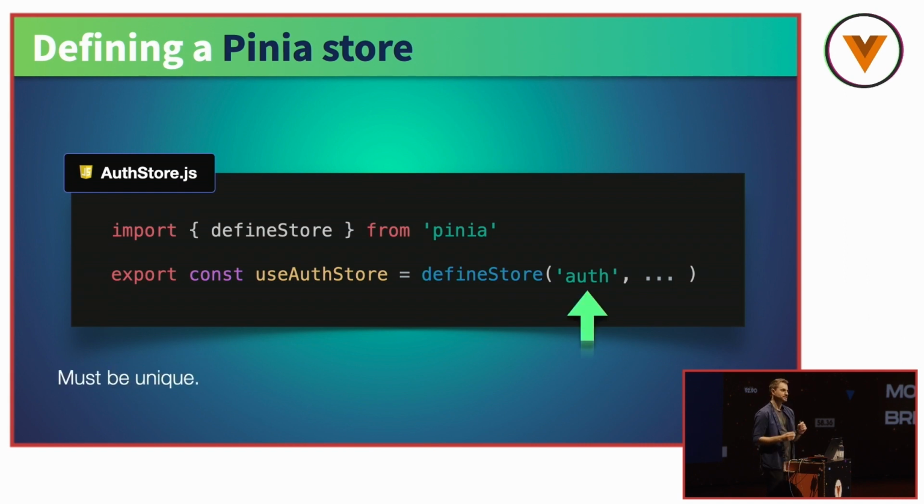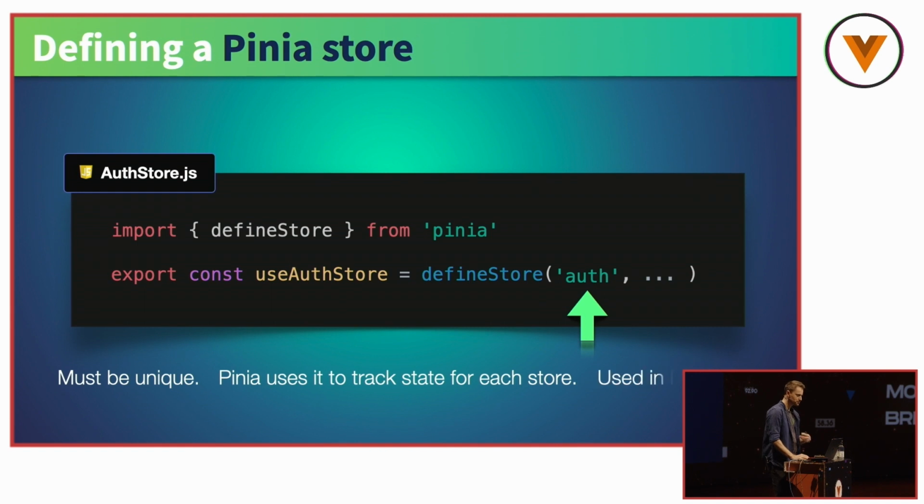And this ID needs to be unique because Pinia is going to use that to track the state for each store, which it uses in the dev tools, and it also is going to use it in plugins as well. So for example, if you are building a plugin to extend the API features of Pinia, and you don't want that plugin to apply to every single store, and you just want it to apply to a single store, you could use this store ID to achieve that.